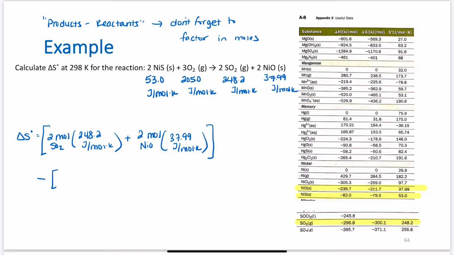So minus 2 moles NiS, 53.0 joules per mole K, plus 3 moles of O2 times 205.0 joules per mole K.